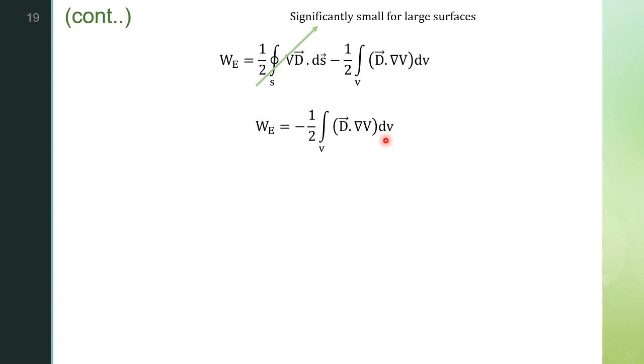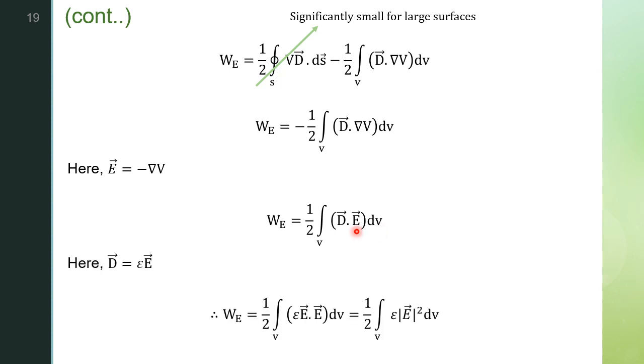You already know the relation between electric field intensity and potential: E equal to minus del V. So if you substitute del V as minus E, we will get W_E as half integral over volume D dot E dV. So this is the work done which depends upon the electric field intensity and volume if we are considering volume charge distribution.